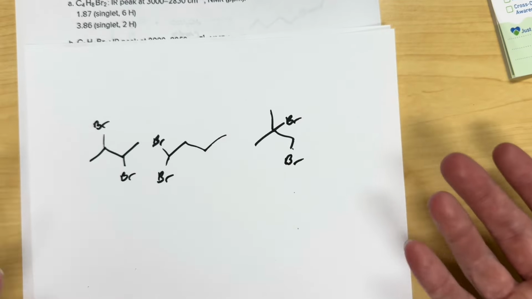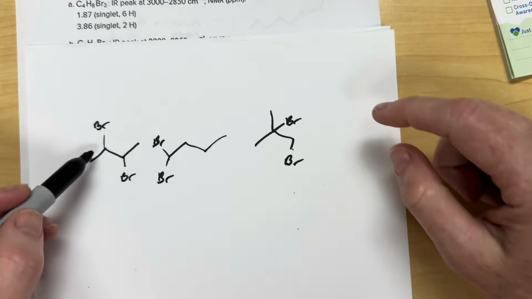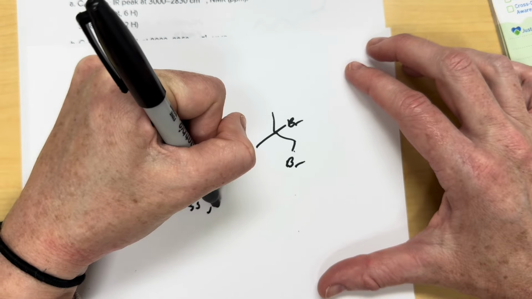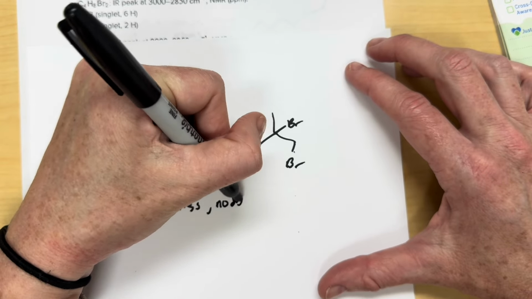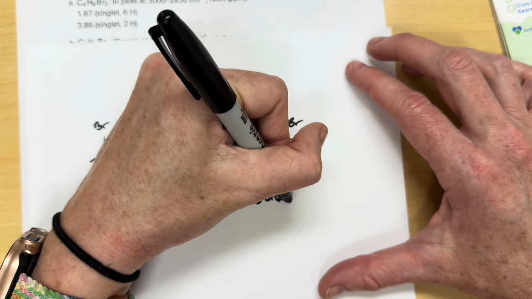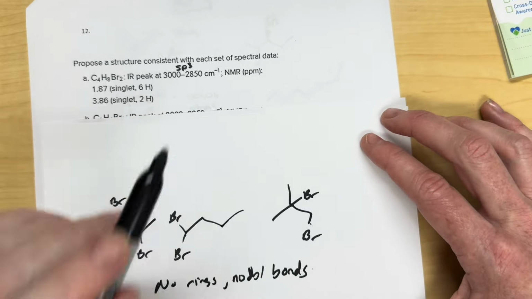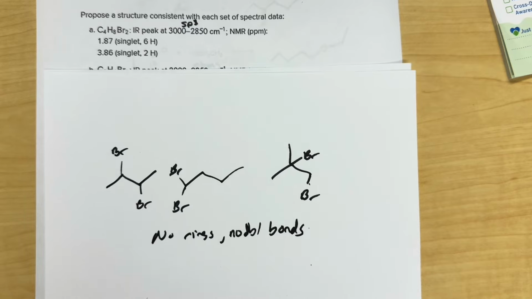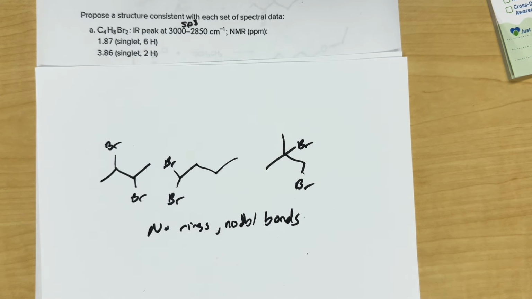There are very, very many options, but the important thing is there are no rings and no double bonds. You knew that again because this told you it was all sp3, and the formula of unsaturation told you that it was all alkane.